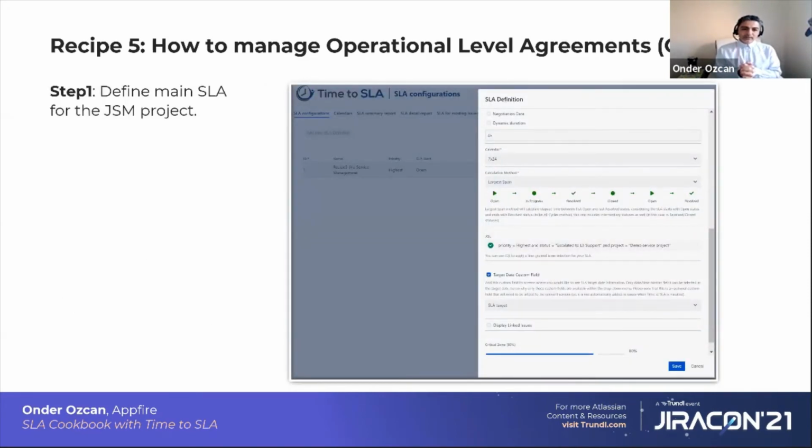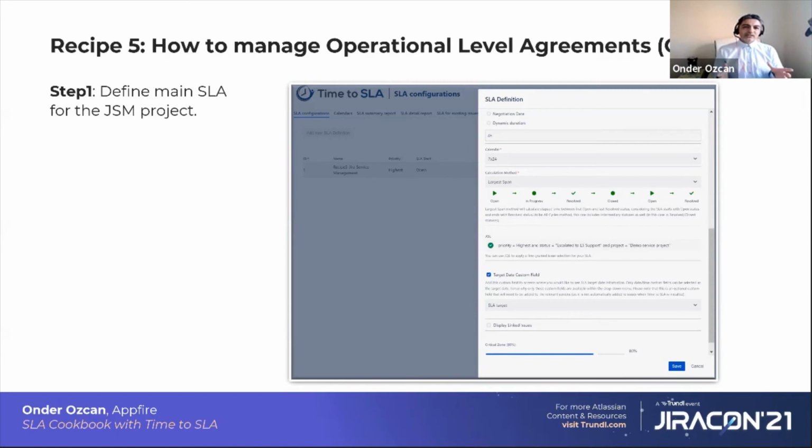So the first one is defining the main SLA for the JSM project, right? So how can we do that? By using Time to SLA's configuration.